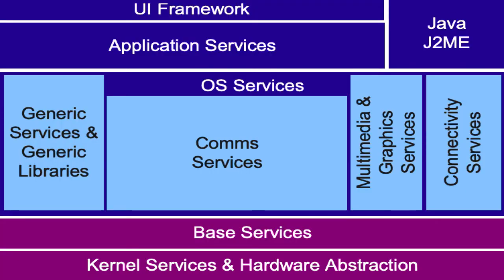Okay, so we're going to summarize the five fundamental architecture layers of Symbian that we talked about. The uppermost layer is the UI framework, wherein you can see the customization from the mobile company.